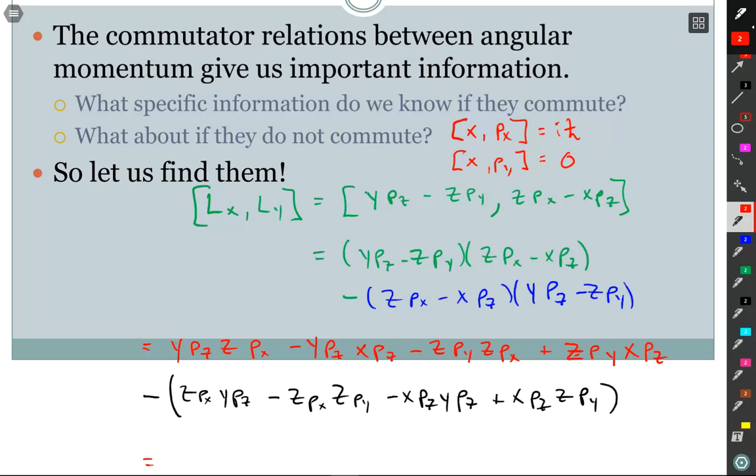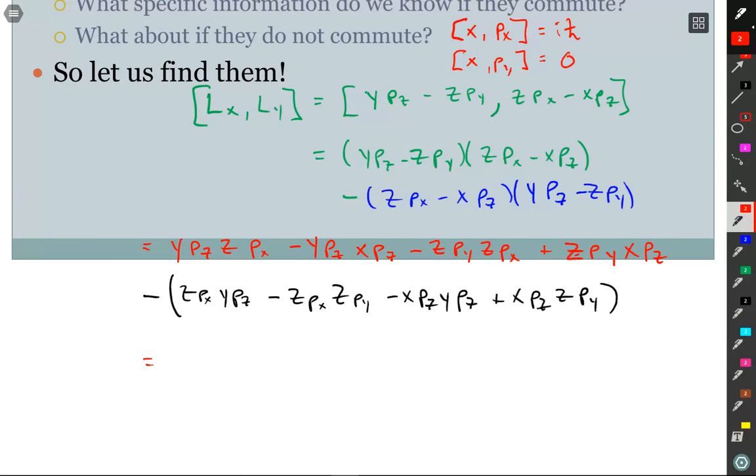Because if it's equal to 0, that means there is no difference if I flip the order. But if it's not, then it's going to make a difference. So I'm going to rearrange things by putting the things that have a fixed order together and the things that don't in front of them. And so this first one, y pz z px, there are two things that have a fixed order there. Which are those two?